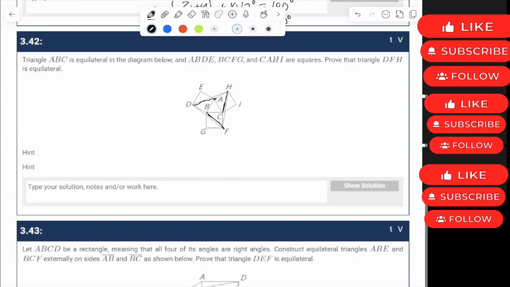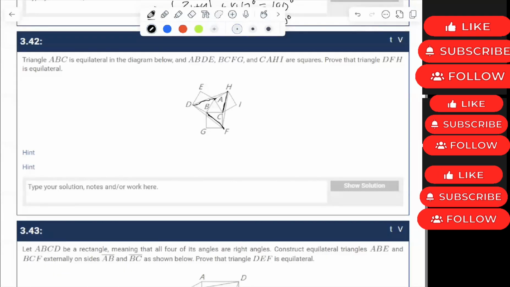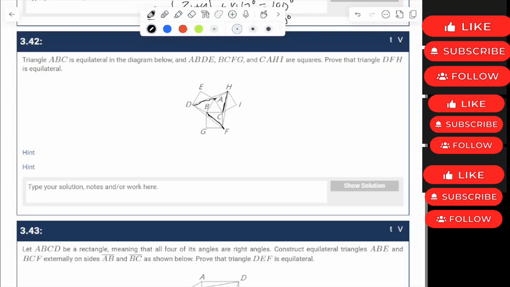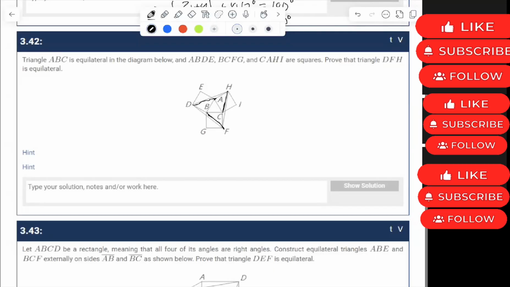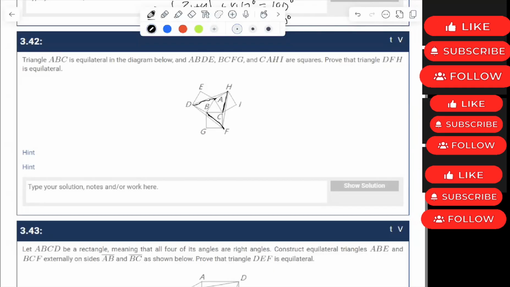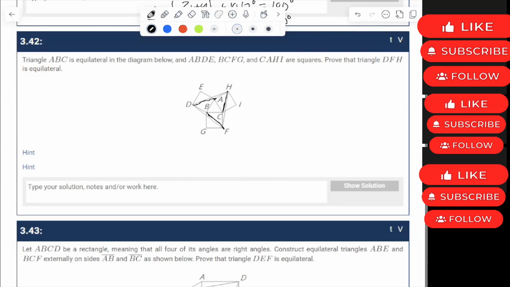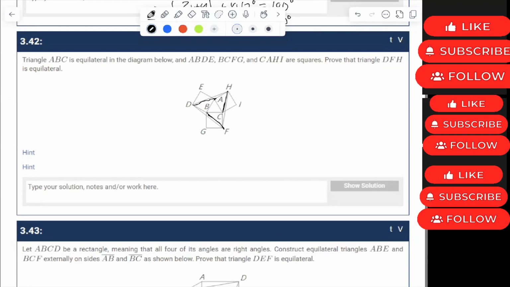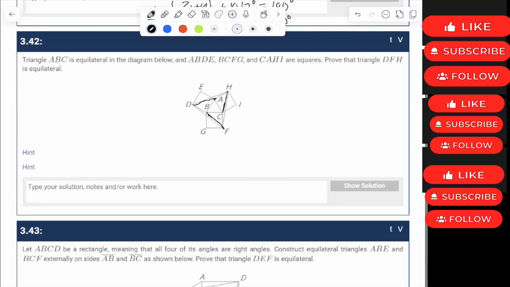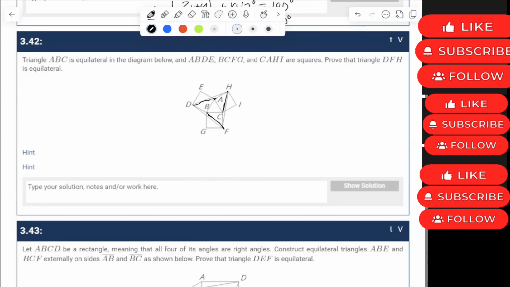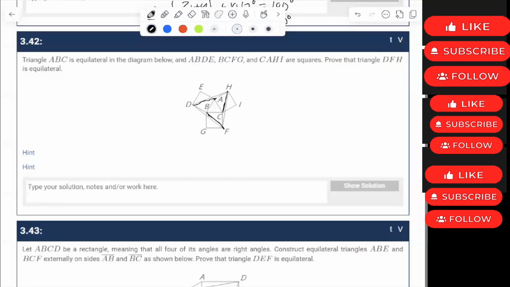Now from here, can we get further? Hmm. Well, we have DA is equal to AH and is equal to BF. Now, we want to prove that DBF, DAH, and HAF are equal.